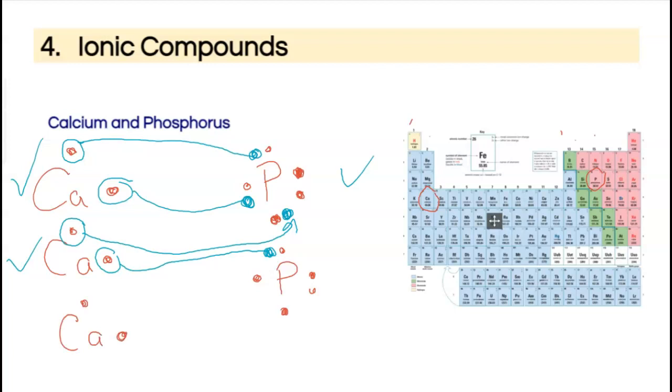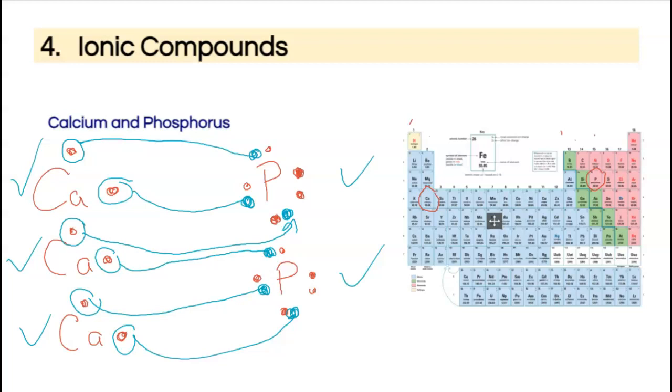And that calcium is going to donate 1 and 2 electrons. And at this point, now my calcium has gotten rid of its excess electrons, and my phosphorus now has 1, 2, 3, 4, 5, 6, 7, 8 electrons, 3 of which were obtained from the calcium.